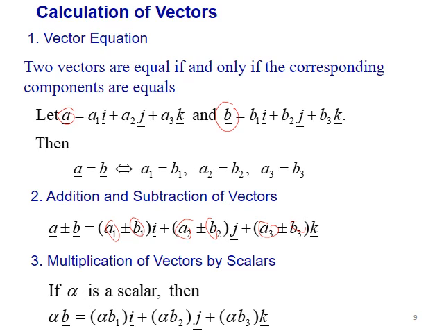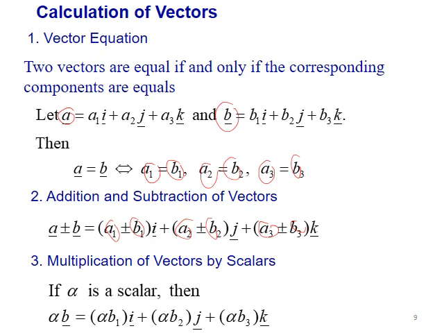Adding or subtracting vectors will give you a vector. And we can say a equals b if and only if the i, j, k elements are the same. For example, a1 should be equal to b1, a2 equal to b2, a3 equal to b3. Otherwise they are not equal. They are supposed to have equal values for the i, j, k items respectively.